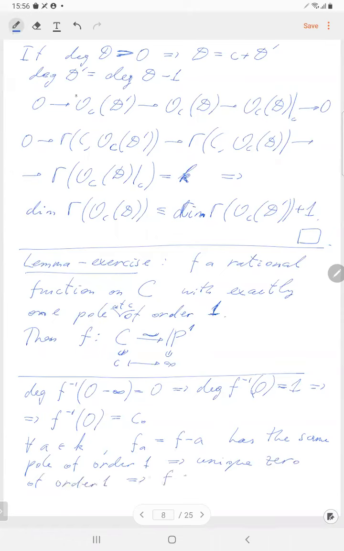Hence, F assumes any value A exactly once, and hence F is an injection. On the other hand, we know that it's a surjection, so it must be an isomorphism from C to P1. Okay, very good.